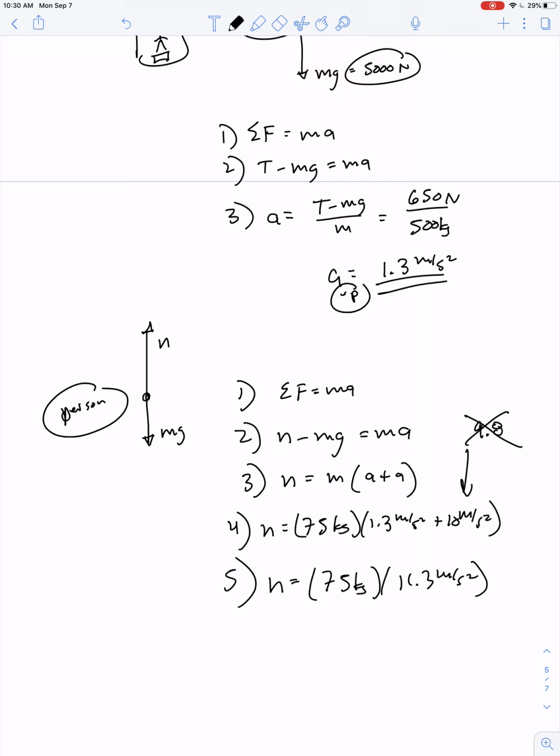Grab a calculator, see what you get. I get 847.5 newtons. And notice that that's greater than 750 newtons. So again, this is a case where the passenger, although they wouldn't actually weigh more, they would feel heavier. They would feel like they weigh more.